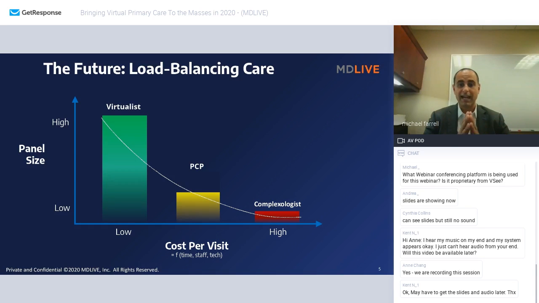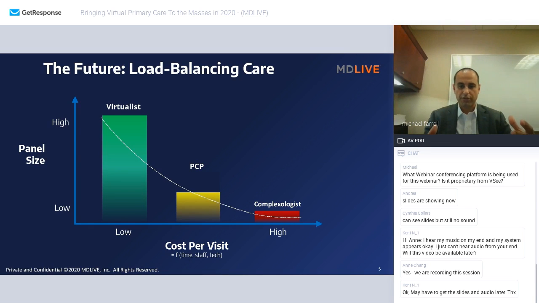Like you saw within the mid-90s with the hospitalist movement, you're going to see that over the next 2 to 5 years, where more and more people are looking to offer care online, where medical schools and curriculums out there are training individuals to be a virtualist provider. And you could see from the graph here, something that we're constantly looking at, cost per visit. You can really increase your panel size, maybe 2 or 3x your panel size from doing a virtualist model, as well as lower your cost per visit.